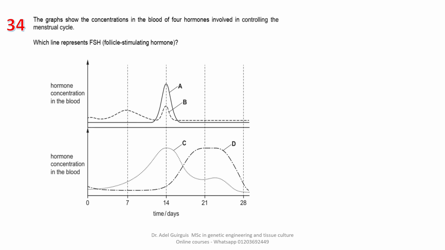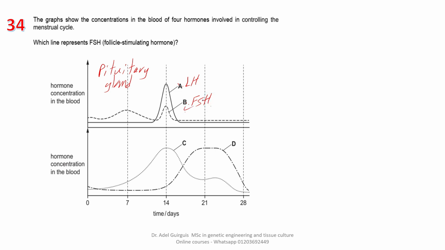Number 34. The graph shows the concentrations in the blood of 4 hormones involved in controlling the menstrual cycle. Which line represents FSH, follicle stimulating hormone? These two hormones, A and B, are secreted from the anterior pituitary gland. A is LH hormone, B is FSH hormone, follicle stimulating hormone.